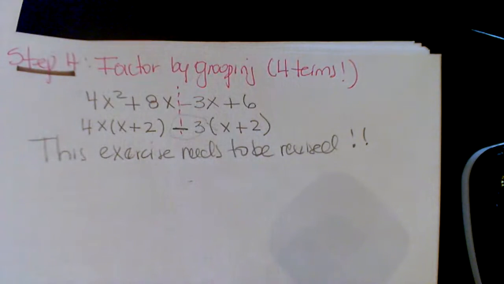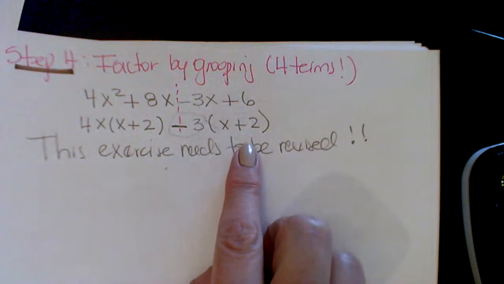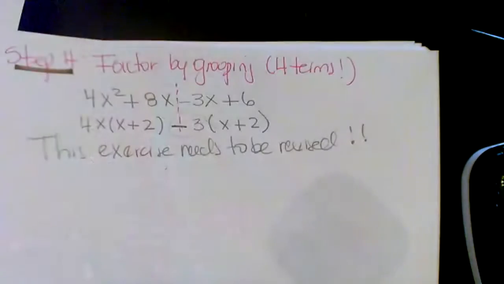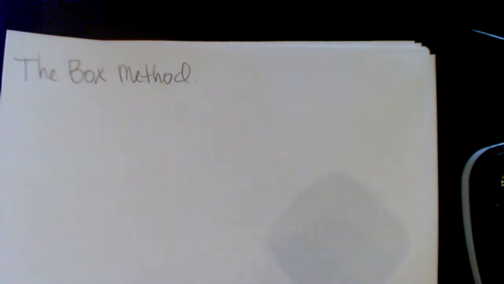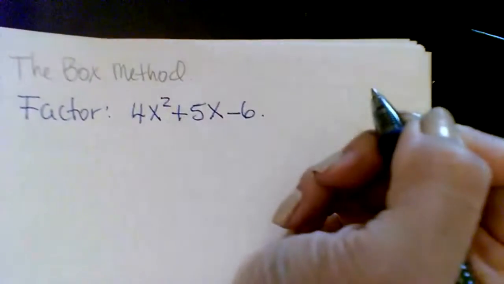Oh, you know what? Let's do this one using the box method. Okay, so the exercise was factor 4x squared plus 5x minus 6.